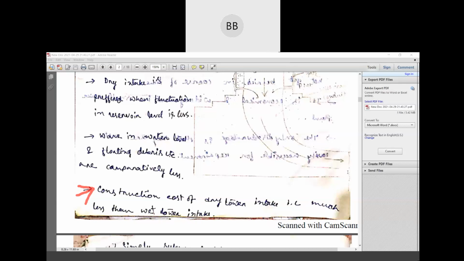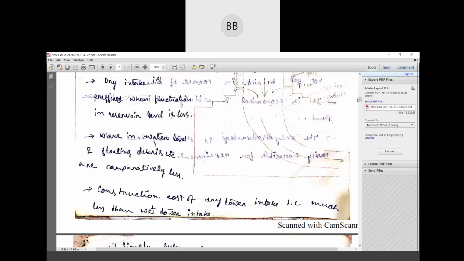Okay, so we move on to our next intake structure. Till now we have discussed runoff river intake structure, then canal intake structure. The very basic one is the runoff river intake structure.